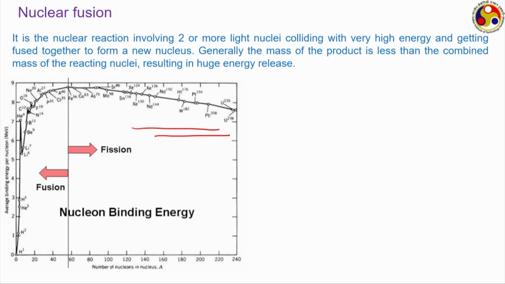Like in the example of fission that we have just seen, uranium 235 getting broken into 2 isotopes whose mass number will be somewhere in the range of 120, 130 or 140.